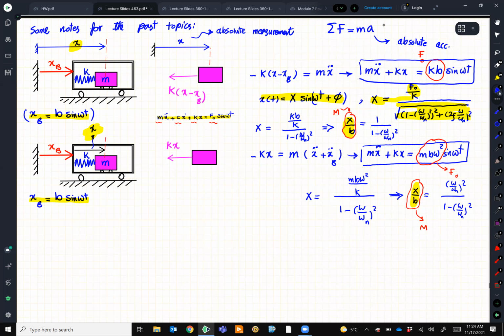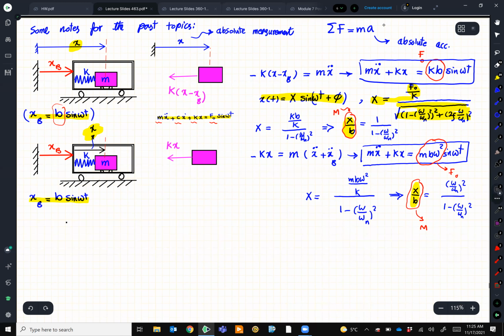Like here, we define X over B as the magnification factor, implying that if I have a base motion with amplitude B, maybe 10 millimeters, what will be the amplitude of the motion of the system that I'm interested in? I hope it's clear. I encourage you to solve the same things with damping. It's important.